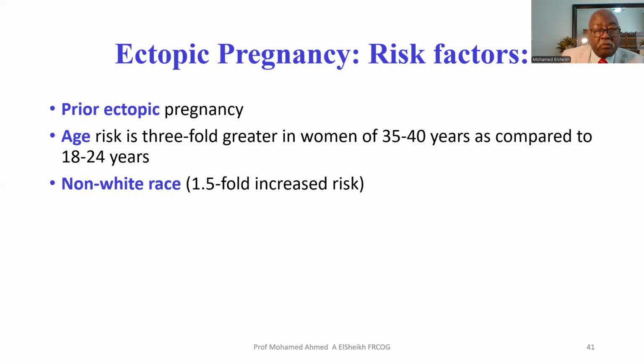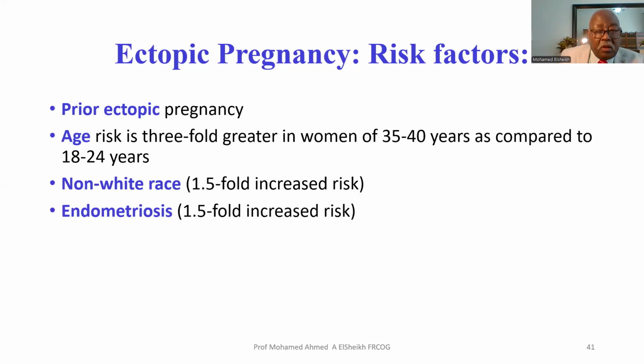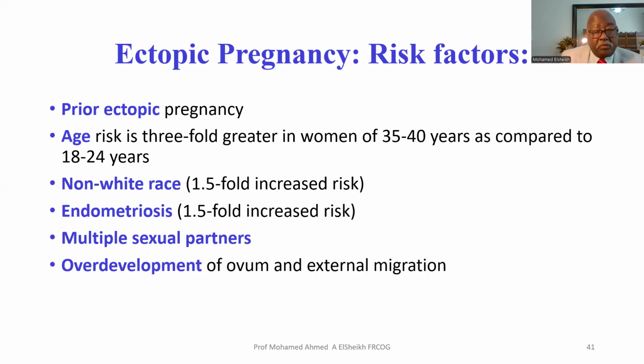Non-white race, endometriosis, multiple sexual partners, overdevelopment of an ovum with external migration from one side to the other, being caught midway, fertilized by the sperm, and causing an ectopic pregnancy, and smoking. So these are factors on the tube, and these are the general factors.